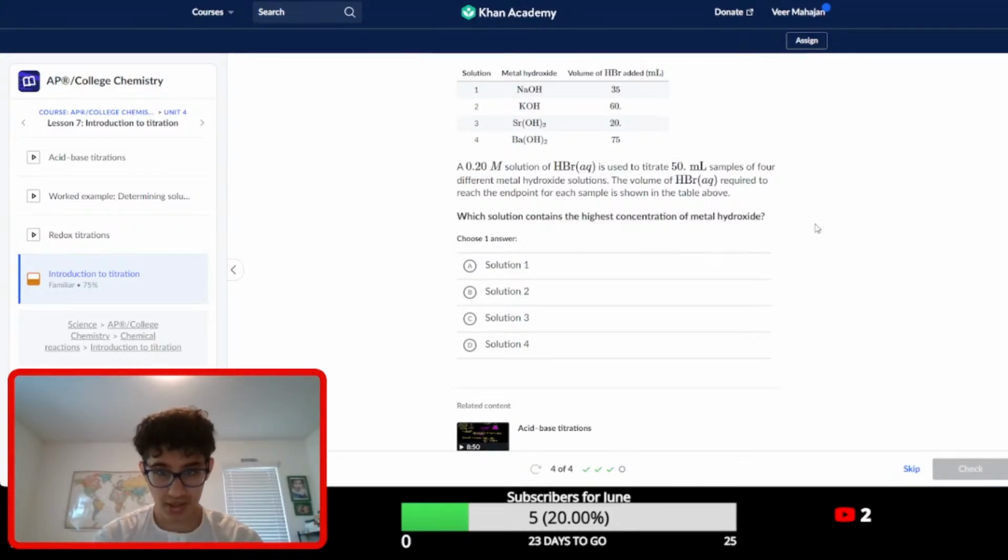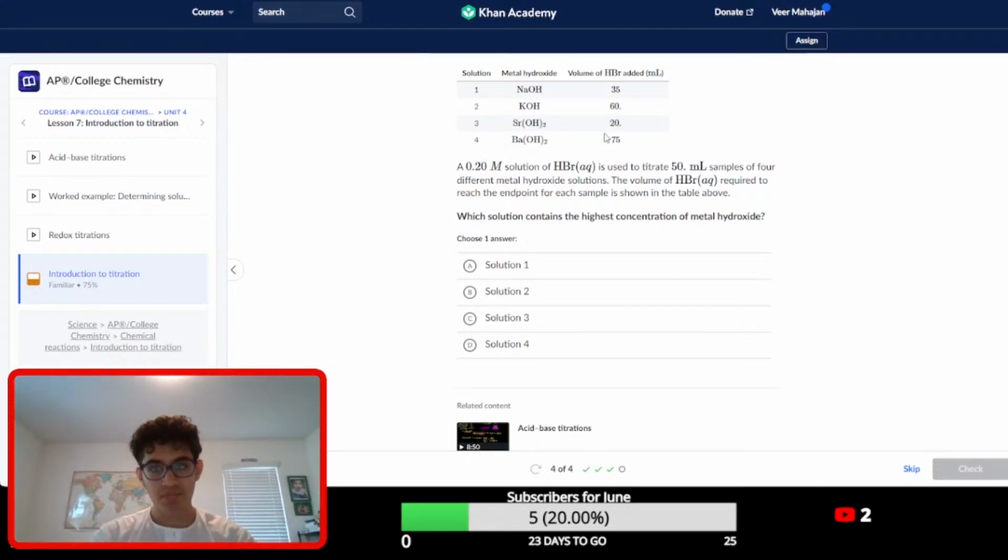Okay. Next one. Which solution contains the highest concentration of metal hydroxide? 20 is used to titrate. Okay, that doesn't matter too much. What we need to figure out is which one has the most. This is the same question as the last question of the last set. Very similar thing, the intuition based part.